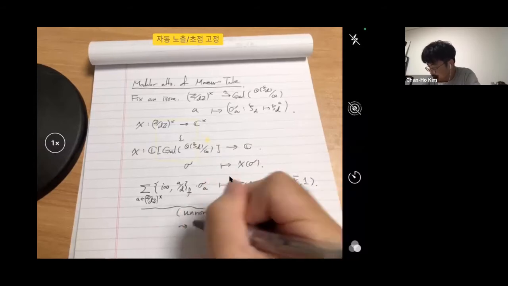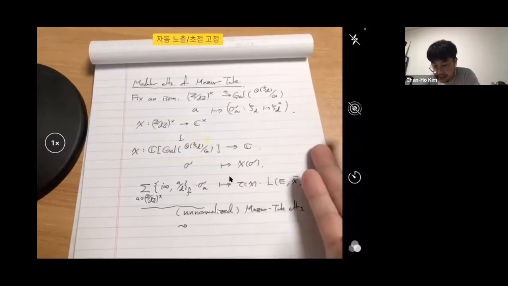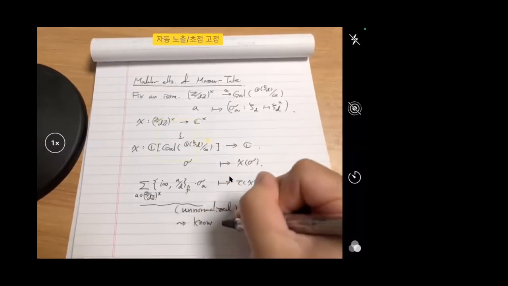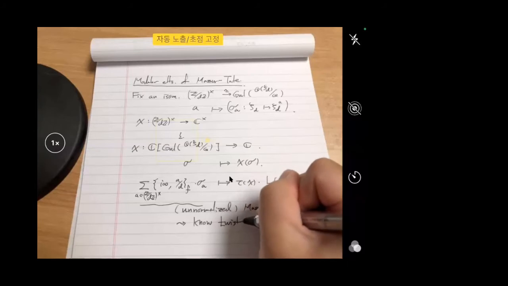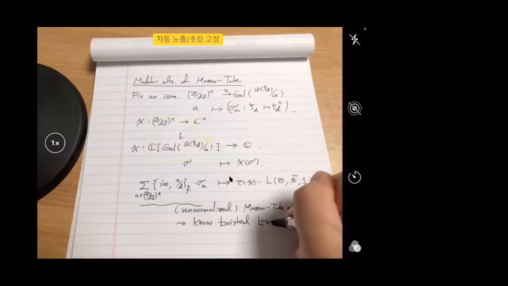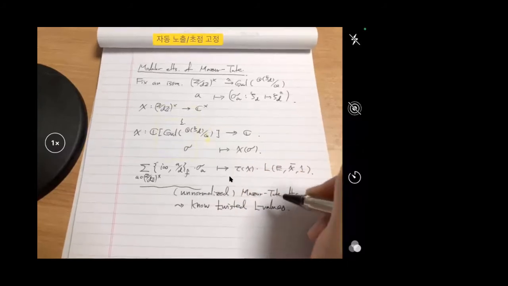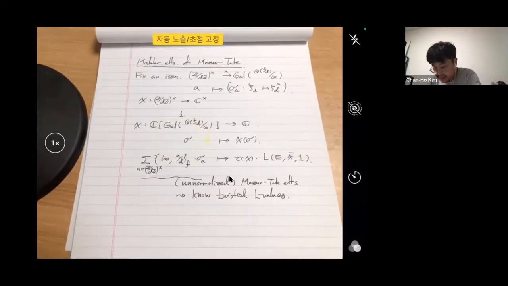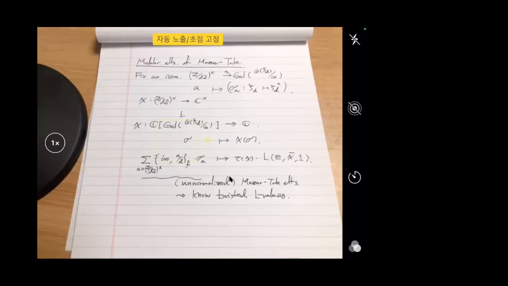And by looking at this, this element knows the twisted L values. And from all this computation, we have some hint on periodic functions.